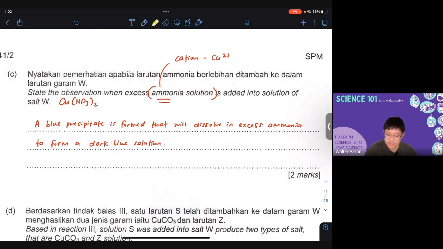Okay, the first part mentioning blue precipitate will give you 1 mark already. Then you say dissolve in excess to produce a dark blue solution, you will get another 1 mark. So you have to write both at the same time to get 2 marks in total. That's the answer.